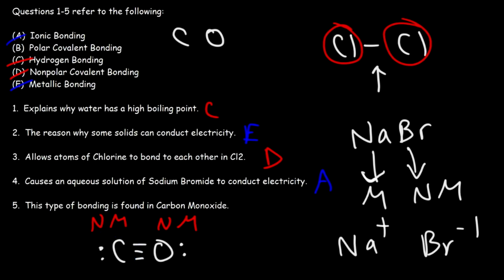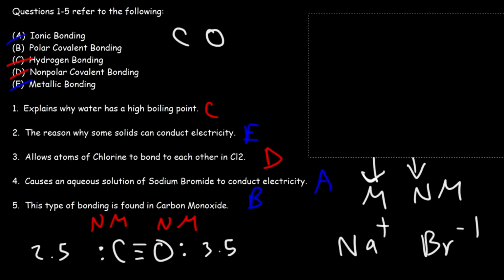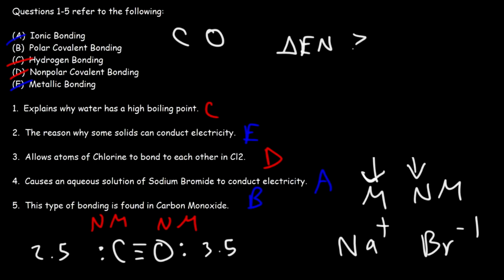Now, one thing I do want to mention is that carbon has an electronegativity value of about 2.5 and oxygen is about 3.5. So the electronegativity difference is about 1.0 according to most textbooks. Now, if the EN difference, or electronegativity difference, is 0.5 or more, the bond is considered to be a polar covalent bond.